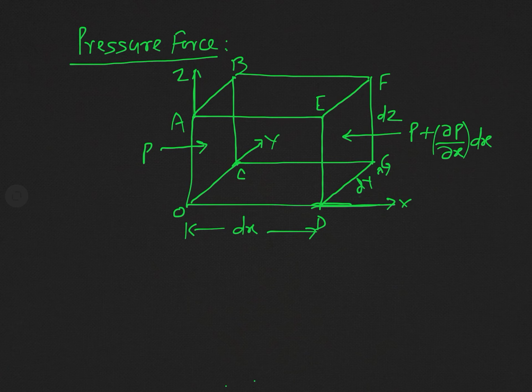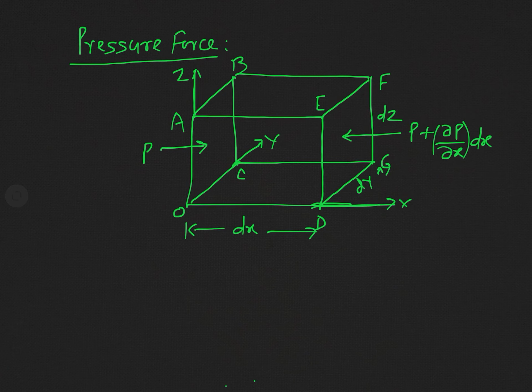So I am now considering the next mechanical force, which is called pressure force. Let us consider a plasma fluid that is flowing, and to find the pressure force we just consider a fluid parallelepiped. See the figure, this O, A, B, C, D, E, F, G is a fluid parallelepiped.